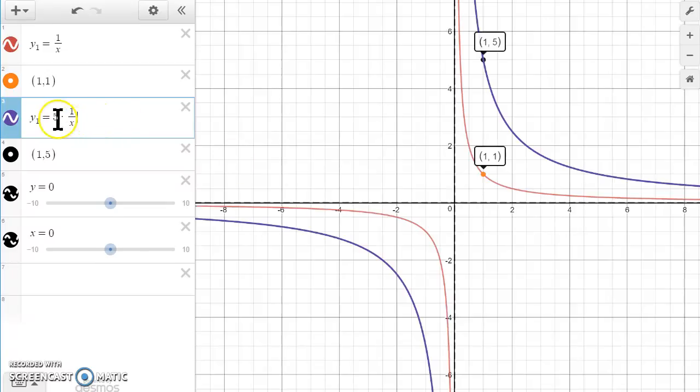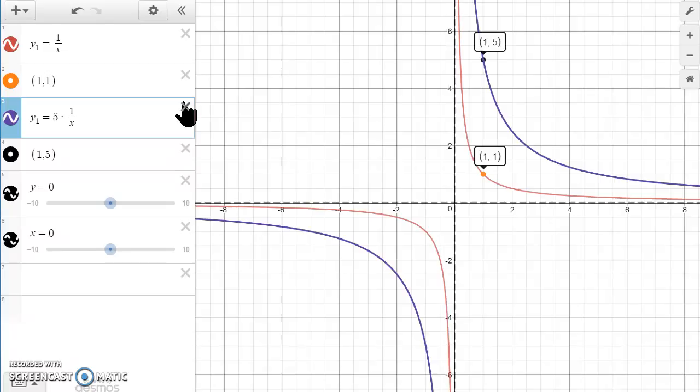But right now, this 5 is just a vertical stretch, so it's not going to affect our asymptotes. We talked about this in class already, and if you need help, please come talk to me about it.